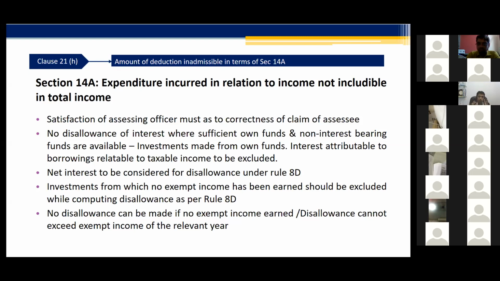But it is happening in a lot of cases. Though we know that there is no expenditure incurred, we are actually giving a working under 8B, and the assessing officer does nothing during the assessment. He just picks up the working under 8B and makes a disallowance.